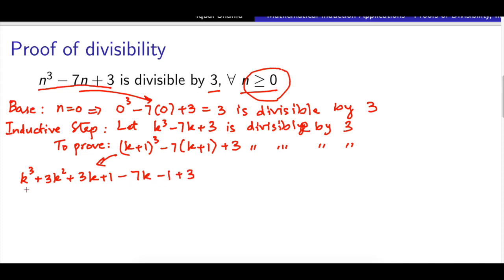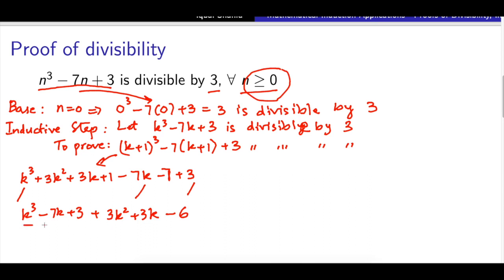Now if I rearrange, I'll say k cubed minus 7k plus 3, plus 3k squared plus 3k, and then I have this one. Mistake here. This is plus 1 and this is minus 7, so this becomes minus 6.